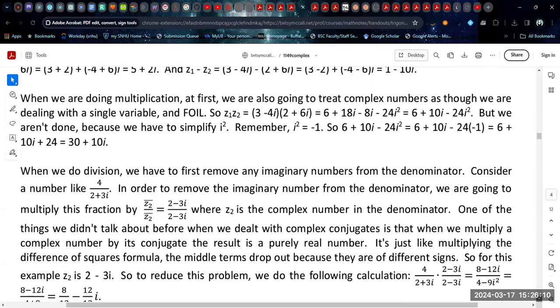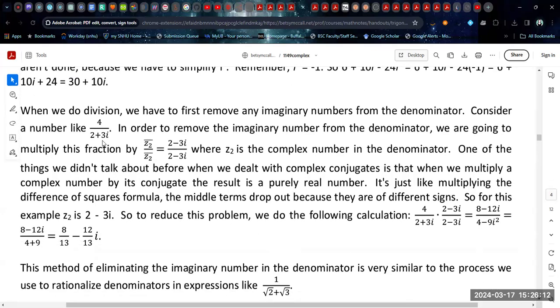Now, when we're dealing with division, we have to actually get the complex numbers out of the denominator in order to separate them into real and imaginary parts. And so the way that we're going to do this is we're going to multiply our denominator by its complex conjugate. And if I multiply the denominator by that, I have to multiply the numerator by that.